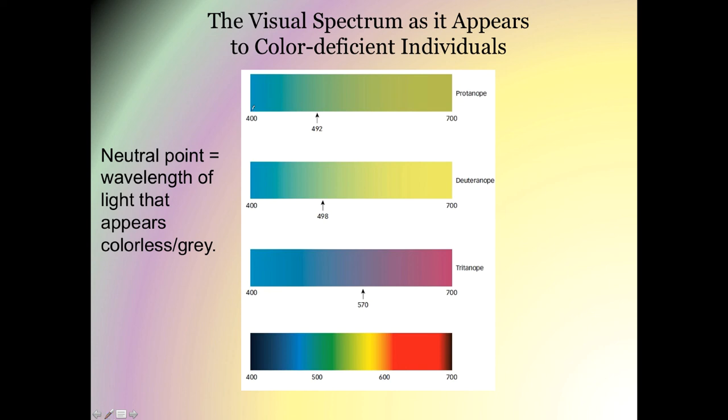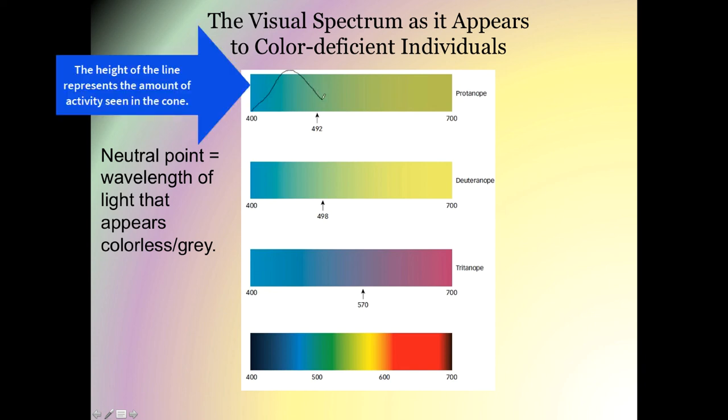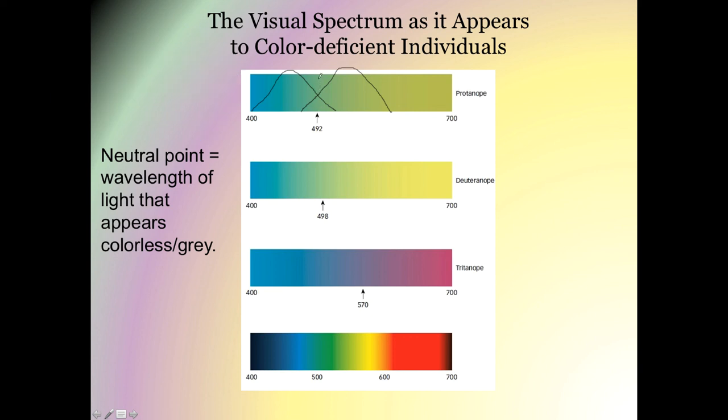So for example, in this individual missing a long wavelength cone, they might have some pattern of response like this to the short cone and a pattern like this in the medium cone. And so this part right here, this 492, is where the two cones are equally active.